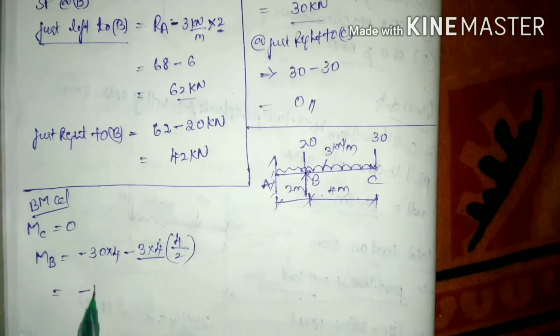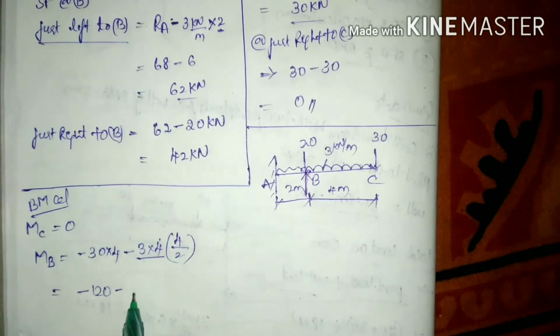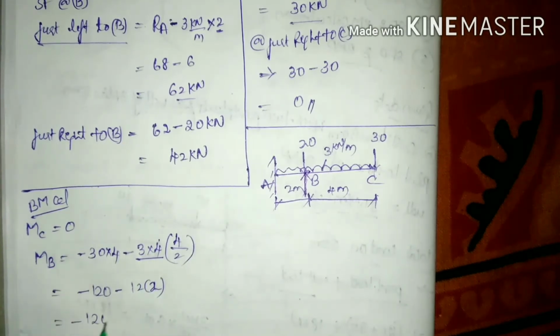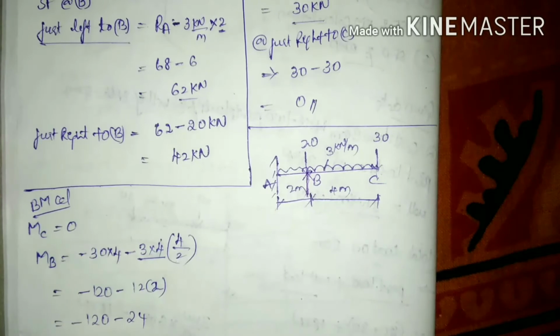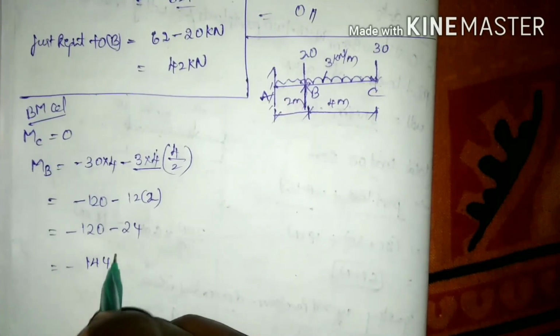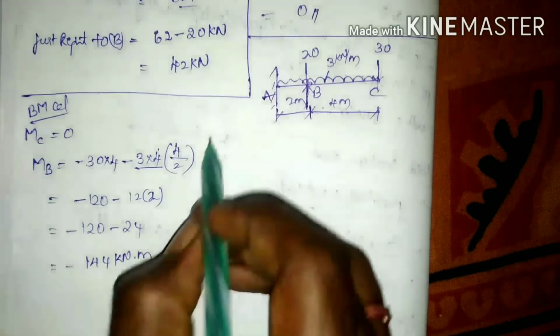That is going to be minus 120 minus 24, minus 144 kilonewton meter.